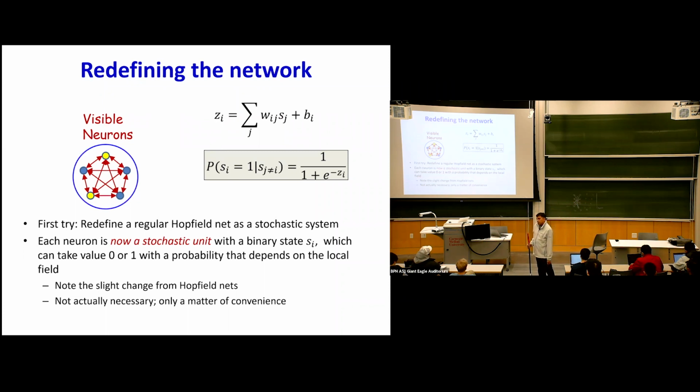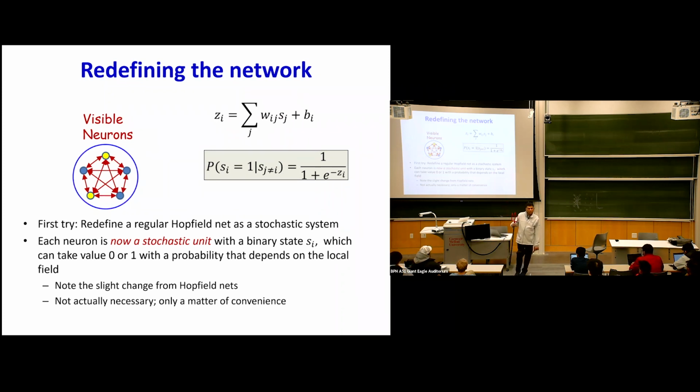And it also showed us how we could redefine the regular Hopfield network as a stochastic system. Each neuron is now a stochastic unit with a binary state. I'm going to change it from -1, 1 to 0, 1, just because it's more convenient. You know, the logistic is defined between 0 and 1, right? Which can take a value 0 or 1 with a probability that depends on the local field.